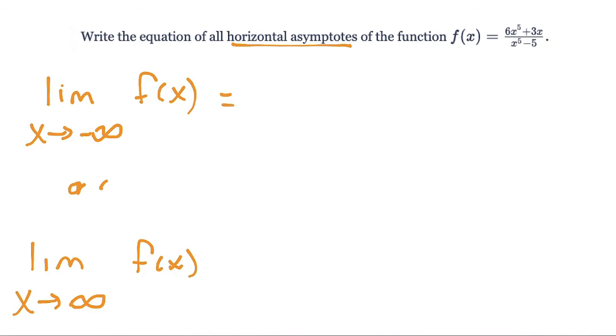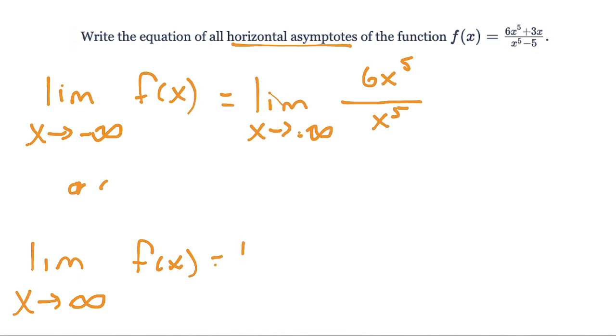So on the top one, we're really looking at the limit as x goes towards negative infinity. And the only thing we're worried about on this function is the 6x to the 5th divided by x to the 5th.